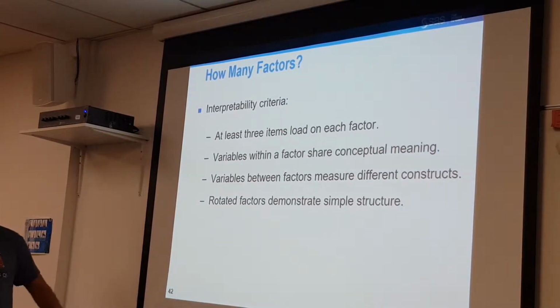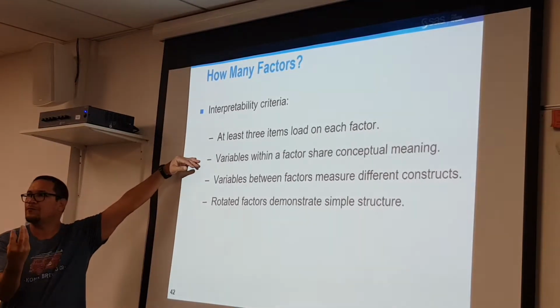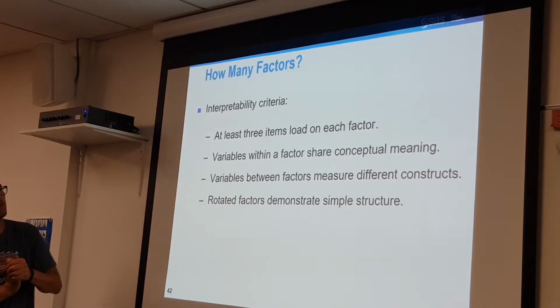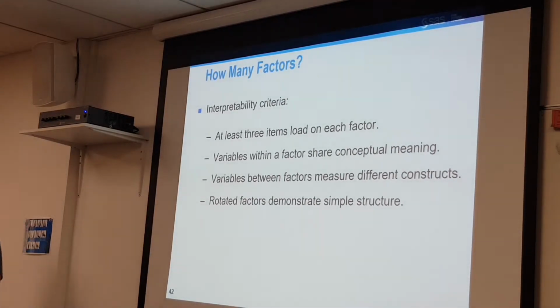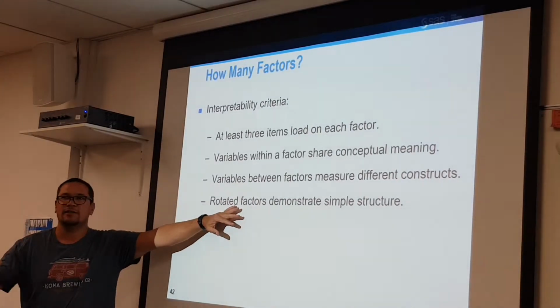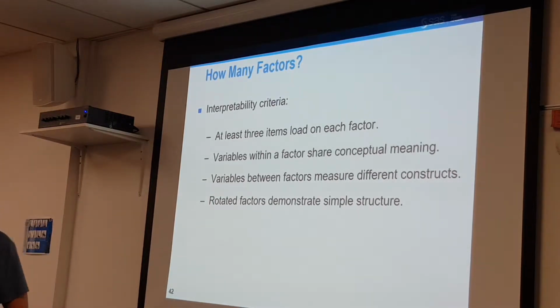Ideally, your variables should have some conceptual meaning if they're grouped together. Variables between the factors should be measuring different constructs. And we're going to try to use a rotation to maximize the ease of interpretation.